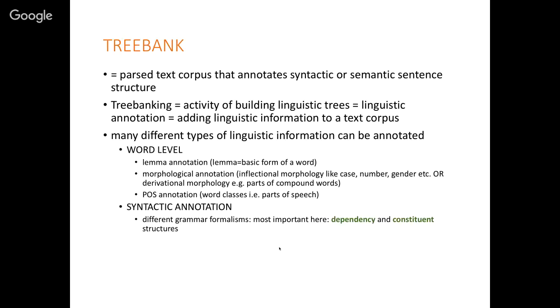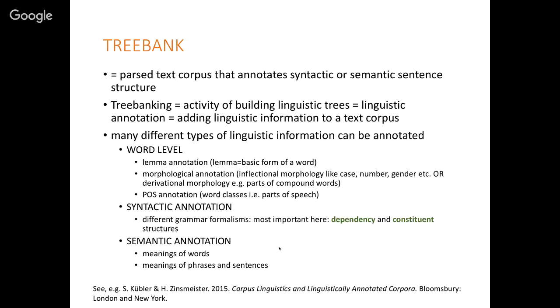Most importantly in digital linguistic corpora, in treebanks, there are two kinds, dependency or constituent structures followed, and we will very soon see a little bit more about that. And then, of course, also semantic annotation can be added. So, for example, meanings of the words or meanings of phrases and sentences.